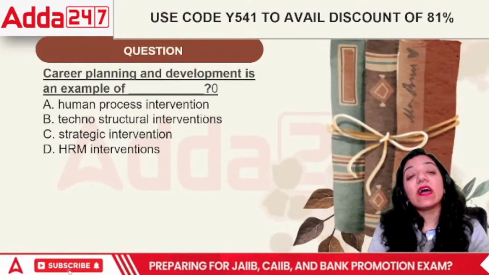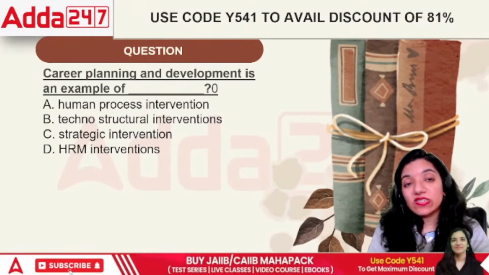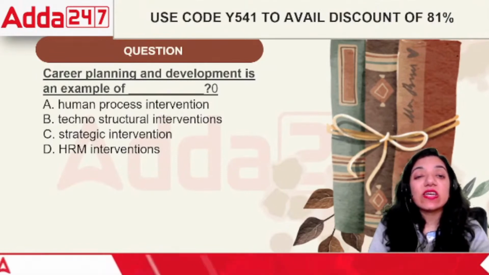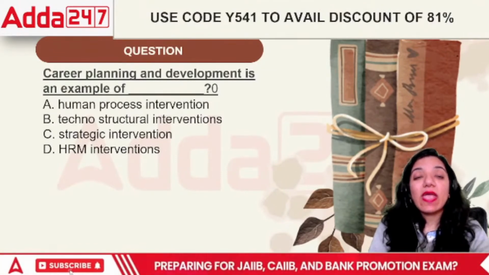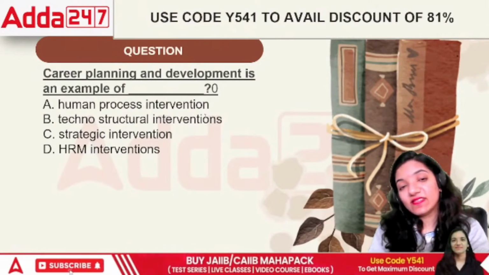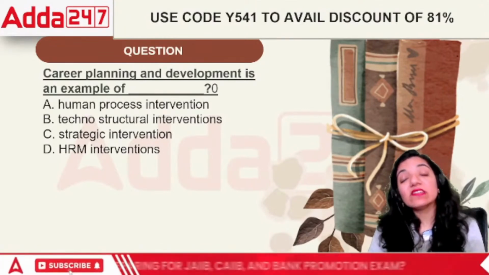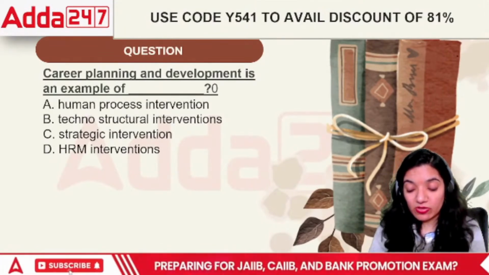Next point, career planning and development is an example of human process intervention, techno-structural intervention, strategic intervention, or HRM intervention. In terms of career planning and development, career planning is a long term development in terms of your working there.